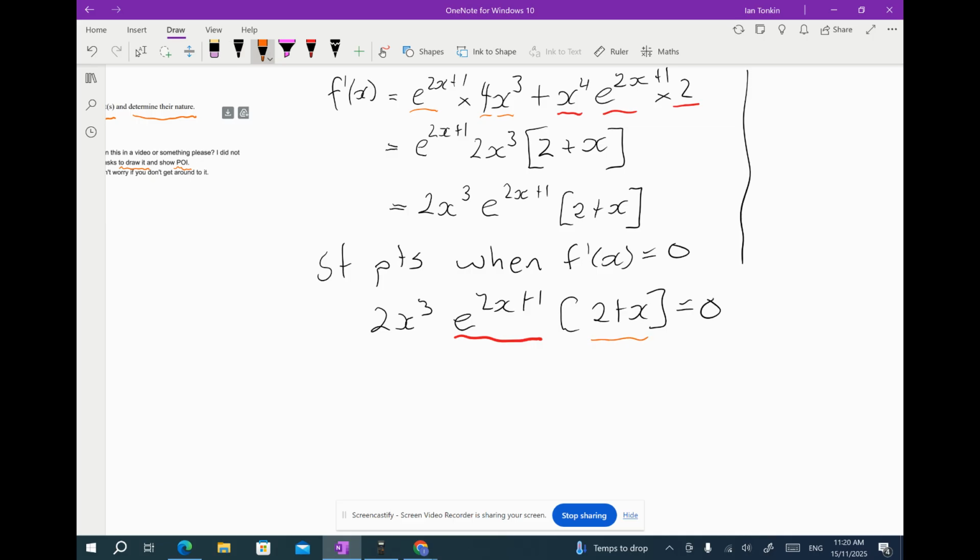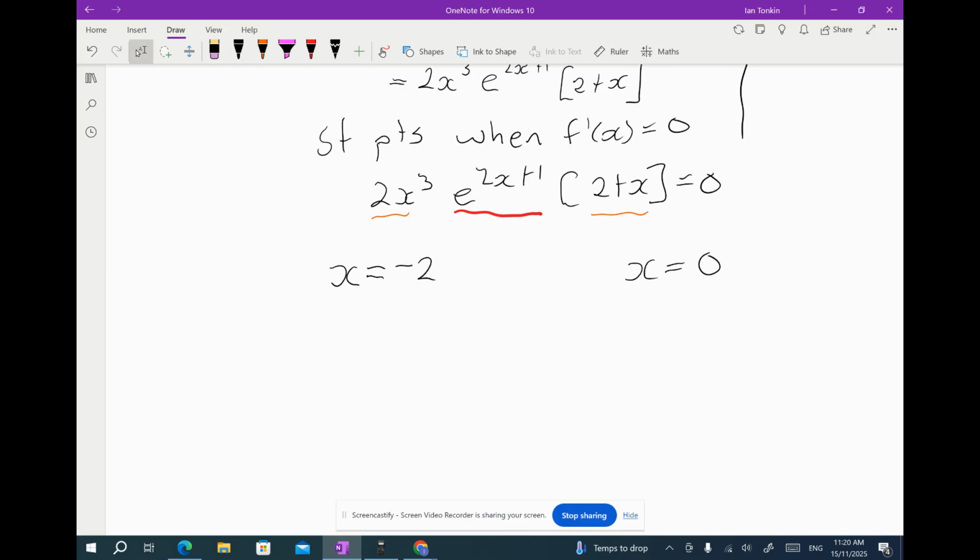This is going to give me x equals negative 2, and this is going to give me x equals 0. And remember, we write the solutions left to right, x equals negative 2, x equals 0. So now I'm going to find f of negative 2 and f of 0. We already know f of 0 is 0, so I've got a stationary point at 0, 0.